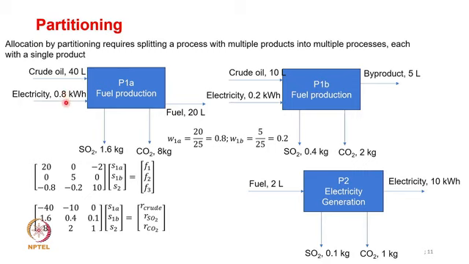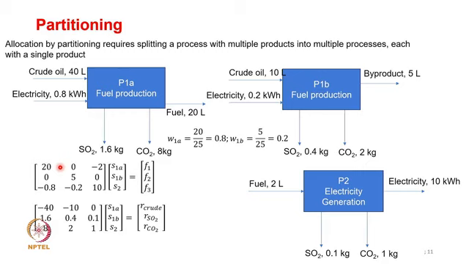So now 0.8 electricity is going inside here, okay, and similarly minus 0.2 electricity is going inside here, fine, and we are getting 10 kilowatt hour of electricity, which is the plus 10. So this is now balanced in terms of the number of variables and number of equations.